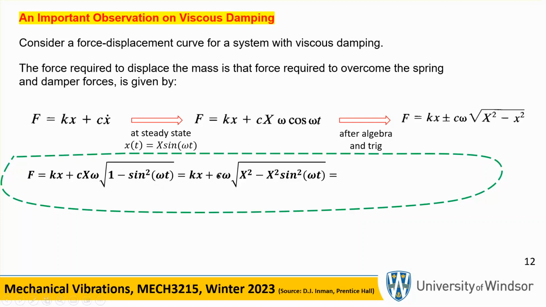If I take this big X inside, there's going to be X squared times 1, and X squared times sine squared. And notice that when you multiply, this thing is actually little x squared. There we are. That's what it is.